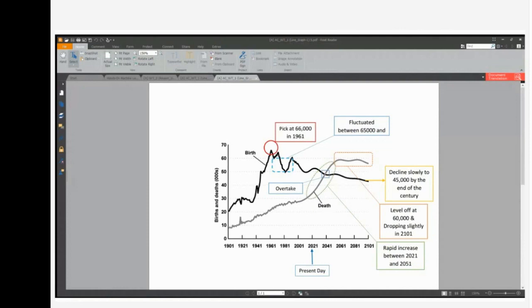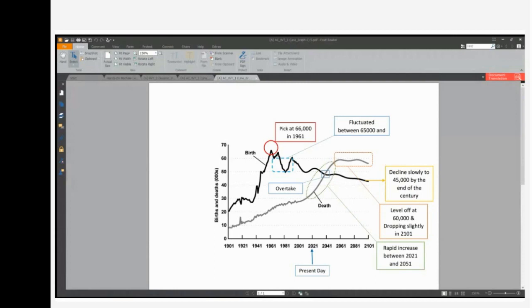So previous to this point, the birth numbers were always higher than the death numbers. But after this point, things got reversed and the death numbers are now higher than the birth numbers. And it went up, and then it almost flattened for 40-45 years. So these are the main things that are happening in this particular graph.